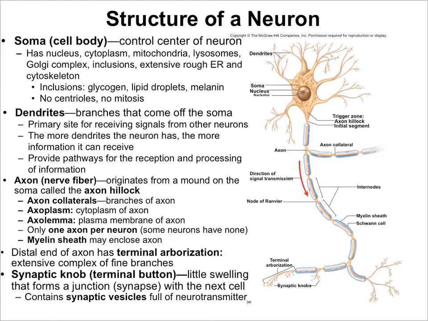One neuron might form a single connection with the dendrite of another neuron, or it might form hundreds of connections with hundreds of dendrites of another neuron, or it might form hundreds of connections with the dendrites of hundreds of other neurons, depending upon the sort of network that's being set up.